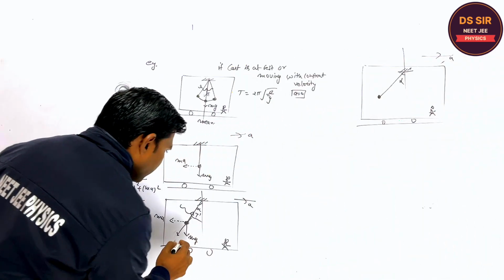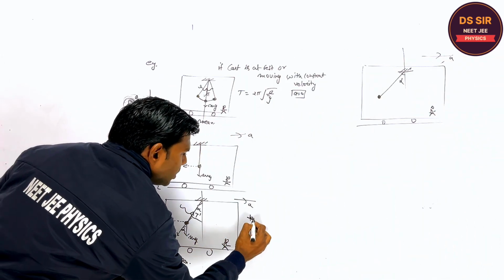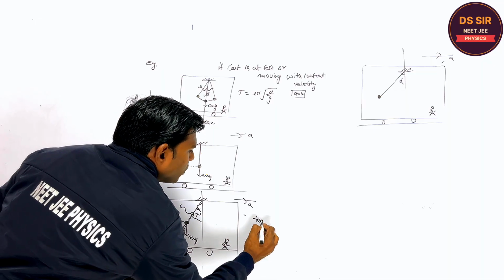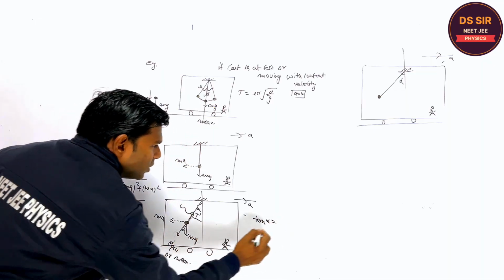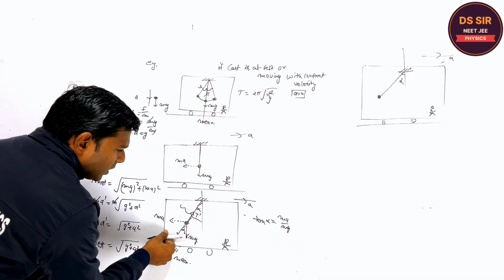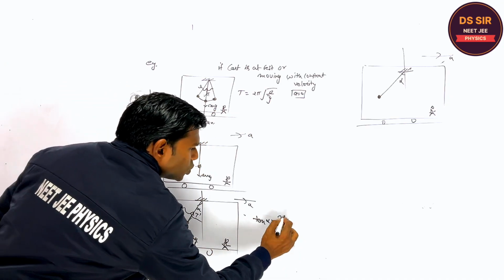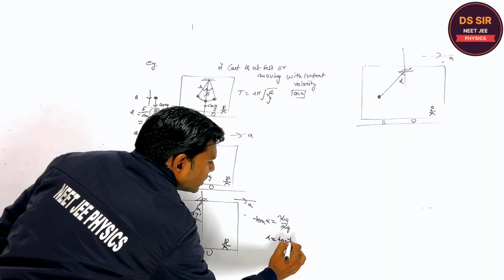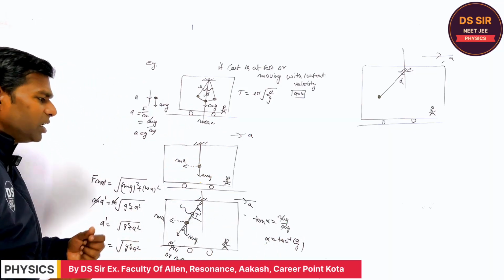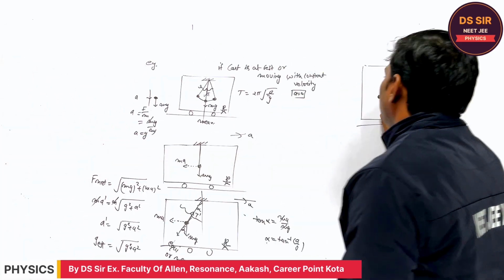This angle alpha, if they ask in Newton's laws of motion, we have found the tan alpha value. What is tan alpha? Perpendicular upon base, so tan alpha is ma upon mg. So alpha is equal to tan inverse a by g. Is it clear or not, you tell? So this is the equilibrium position.